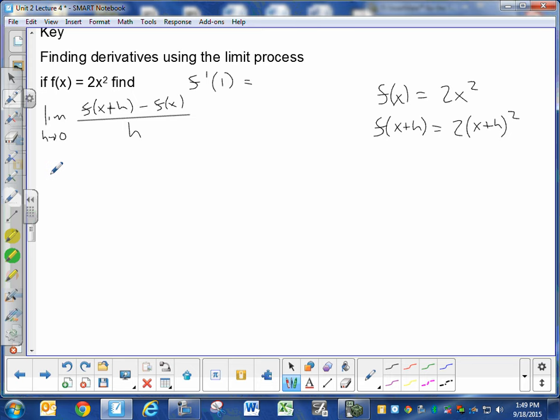I have the limit as h approaches 0, so as these 2 points get close together, of f of x plus h minus f of x divided by h.